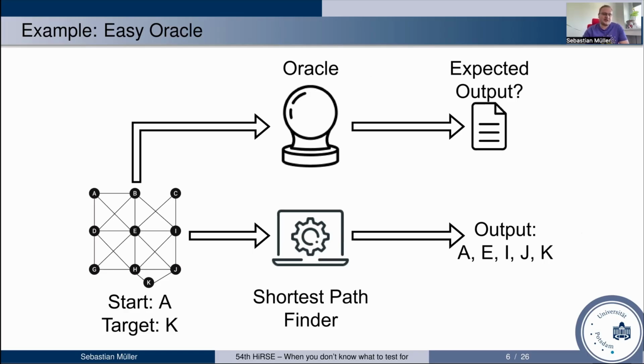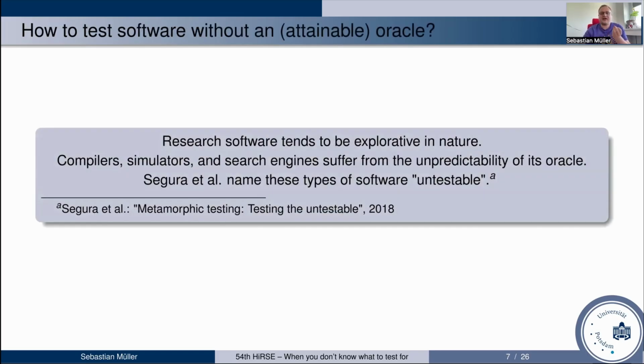I've already mentioned that we might have an issue with software where we don't actually have oracles at all, because they are absolutely unpredictable, or without easily attainable oracles, because the software itself becomes unpredictable. And in 2018, Segura et al. released their paper, Metamorphic Testing: Testing the Untestable.